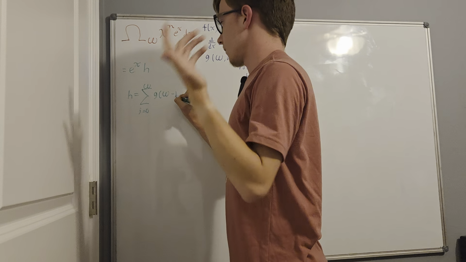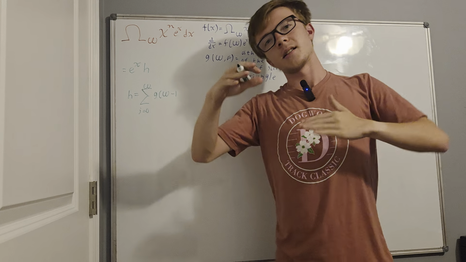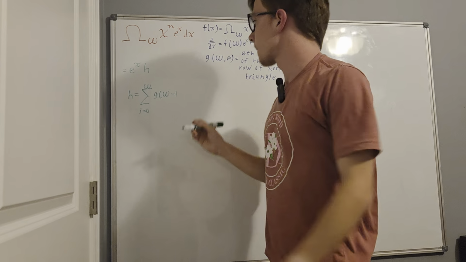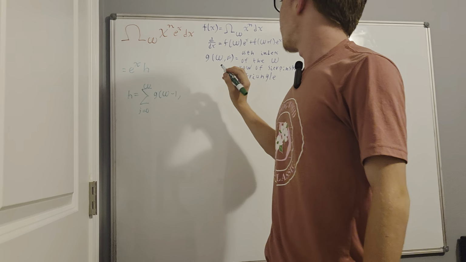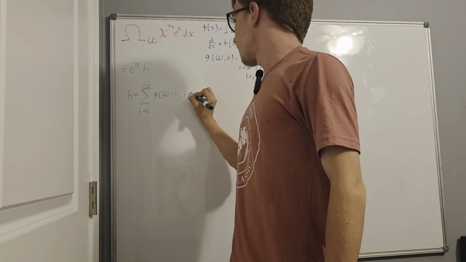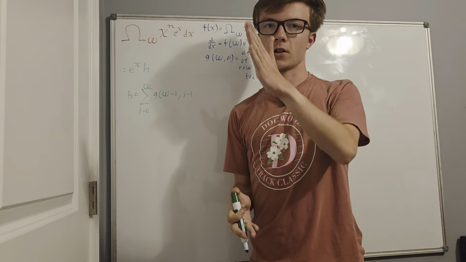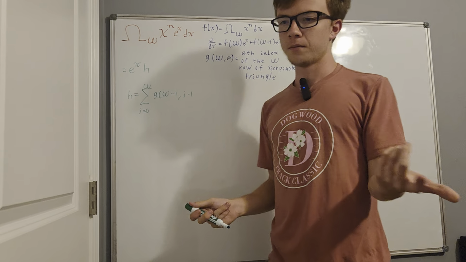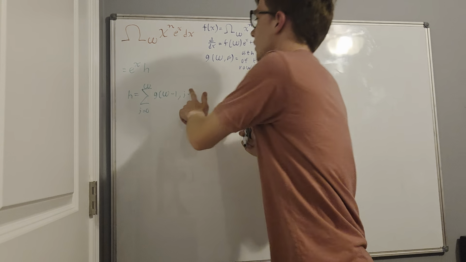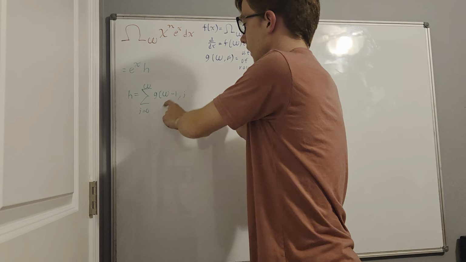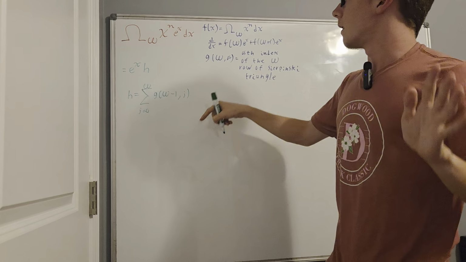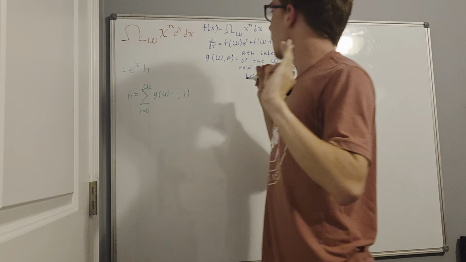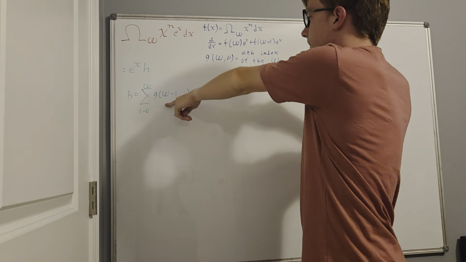So technically, it should be omega minus 1, because it's actually shifted up from that first row. And the second part is going to be j, since I already have j equal to 0. So it's going to be g of omega minus 1, j. And that's going to be my coefficient.